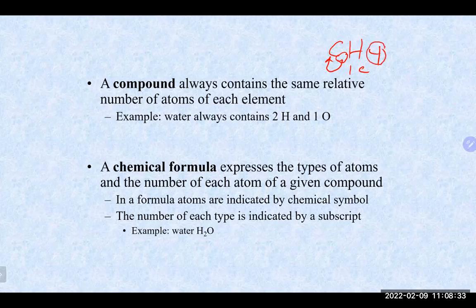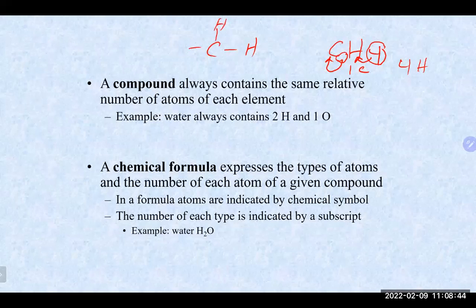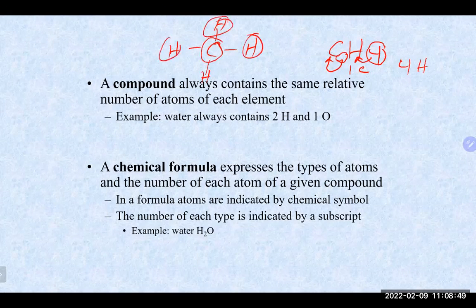The 4 goes to the guy to the left, which would be the hydrogen, and we would have 4 hydrogen atoms. If you draw CH4, it looks something like this, with 1 carbon atom attached to 4 hydrogen atoms. Water, same thing. The 2 goes for the hydrogen, and nothing written there implies that there is 1 oxygen present in that chemical formula.